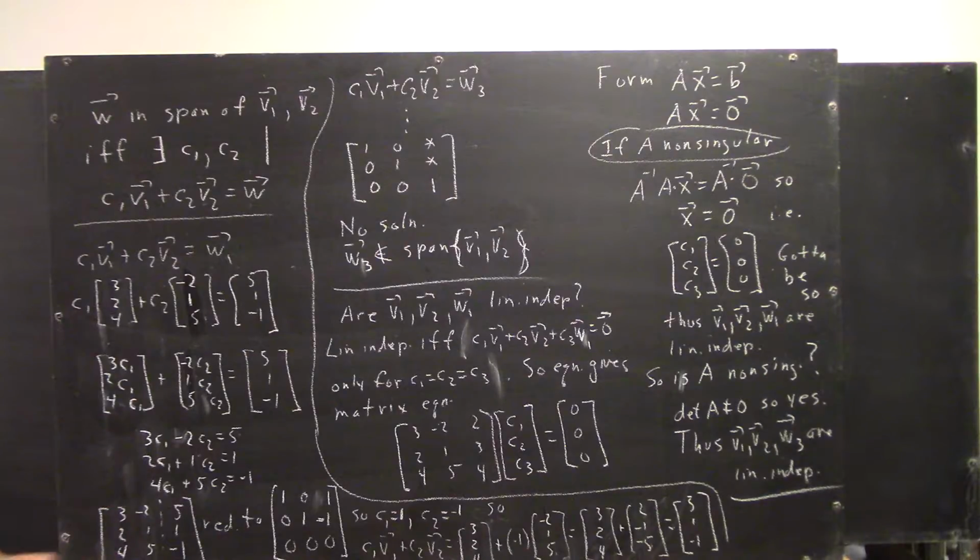We instead write it as an augmented matrix and reduce that matrix. Well, you can do it yourself. This matrix reduces to this. Reduce it yourself if you don't believe me. And it reduces rather easily.